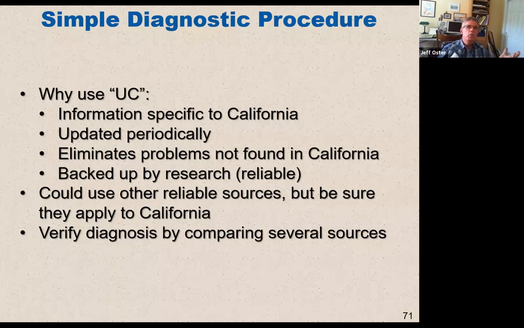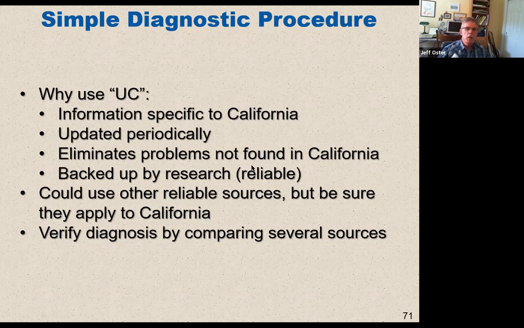So you may go to a website and it's meant for the East Coast. The problems are different. The hosts are different. You're going to go down the wrong rabbit hole. And UC also makes recommendations backed up by research. The researchers go out in the field, try these things out, find out if it works, if it doesn't work, and find out what problems are out there.